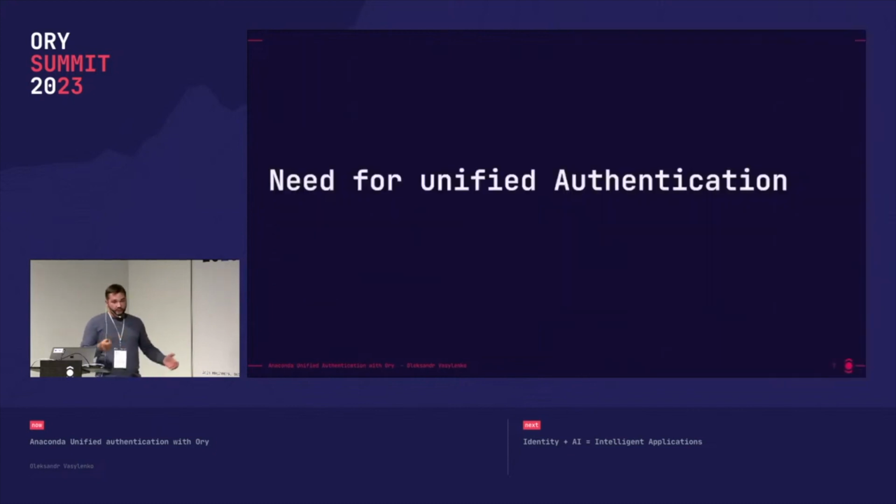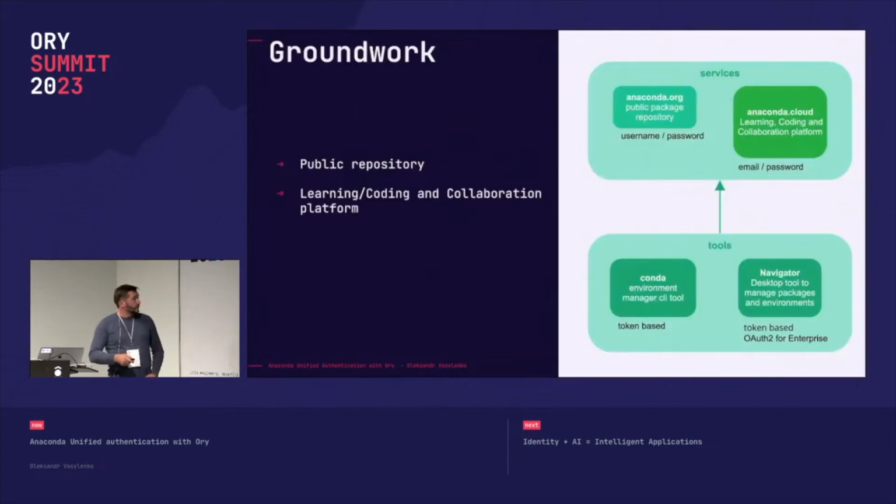And you see that we have a very big set of projects, and there is definitely a need for unified authentication. And first, some history. Before starting Anaconda Cloud, the main public web service used by data practitioners and people using packages was anaconda.org, a public repository.